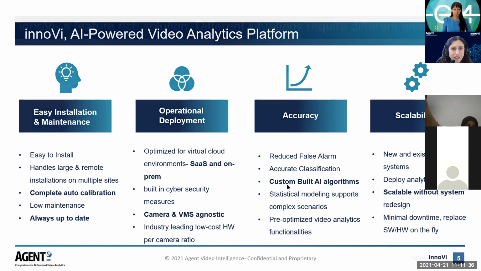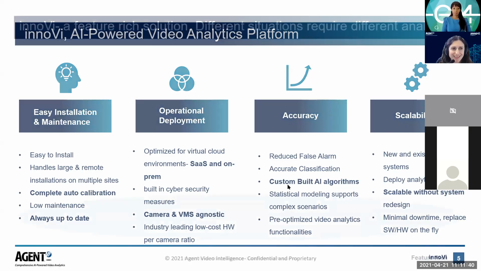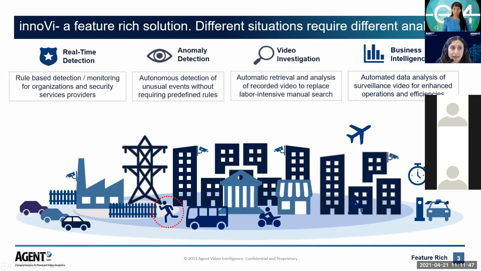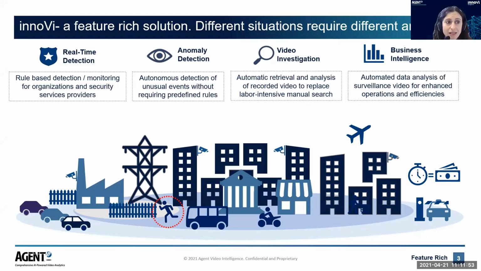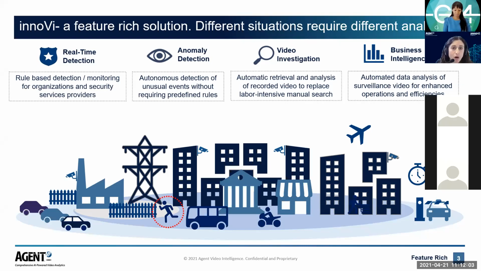If we take a look at some of the features, I'll just bring them all up so they're in front of you. Some of the features that we're offering today to really be able to meet the needs of different types of situations. The first is our real-time detection. Here we're looking at real-time rules that are predefined based on people, objects of interest, and vehicles.